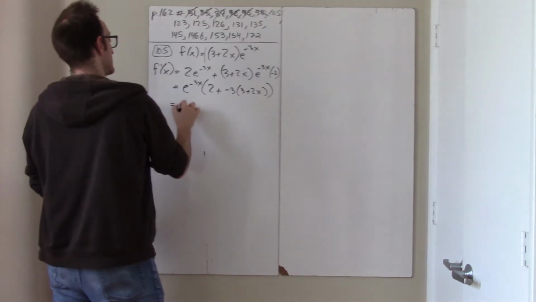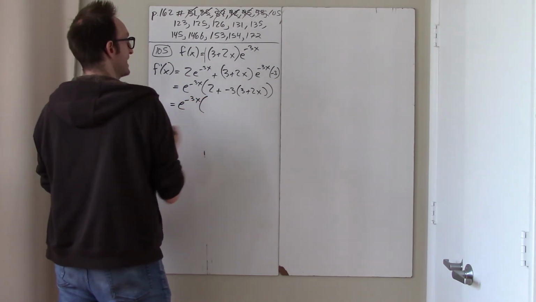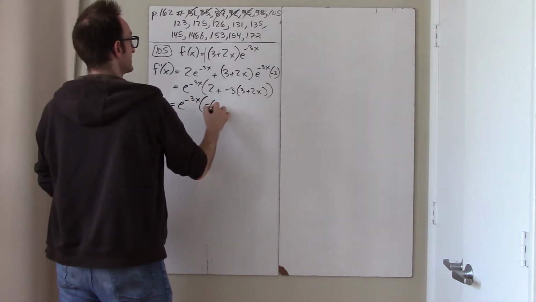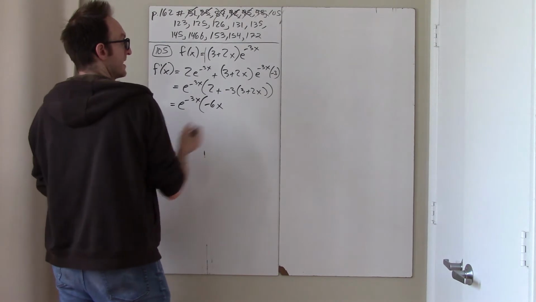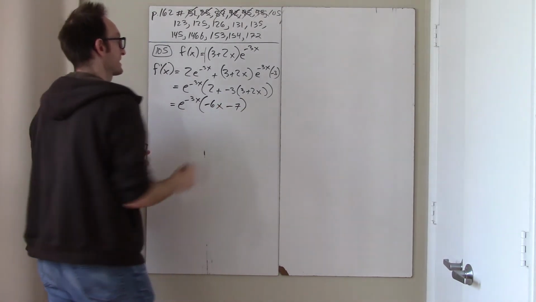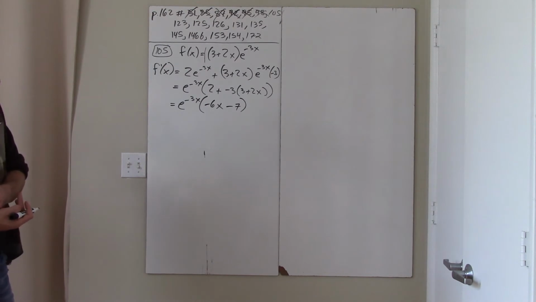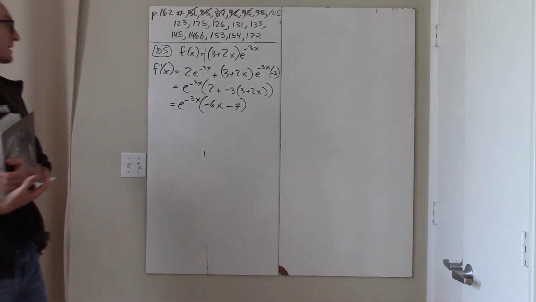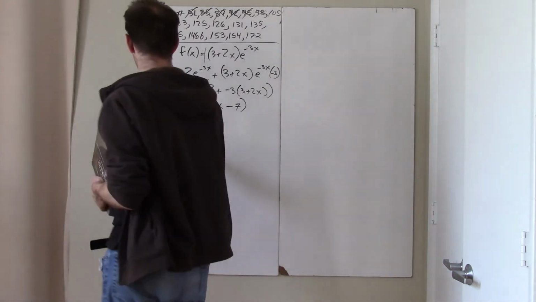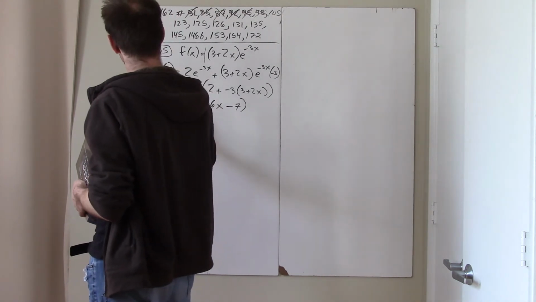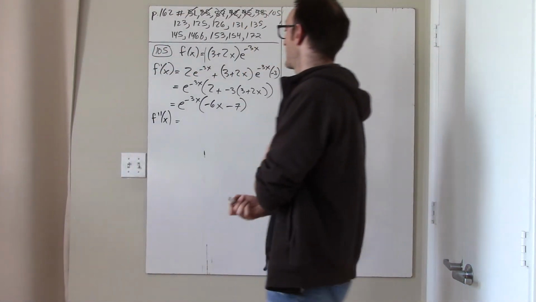In other words, e to the negative 3x times negative 6x minus 7, I guess. I wish I could just stop there, but the problem said to find the second derivative, so I just have to do this all over again.